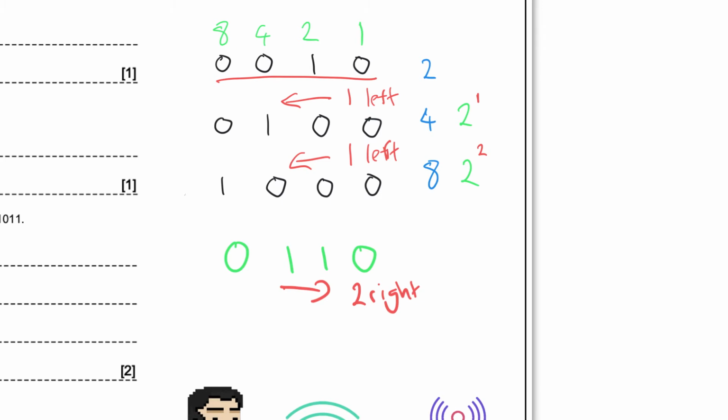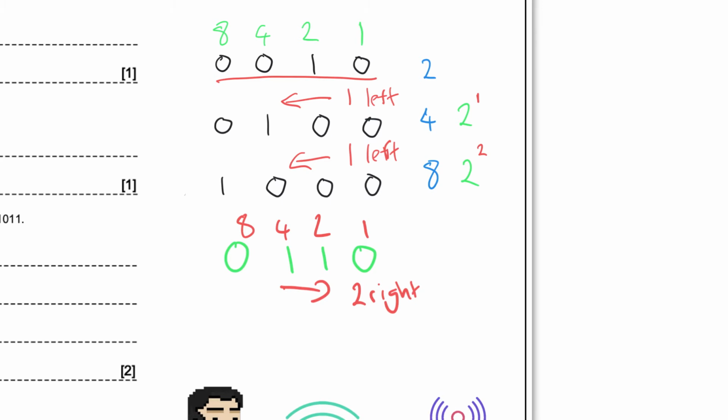So if you go once to the right, you divide it by 2, or halve it. If you go 2 to the right, you divide it by 4, or half of a half, or a quarter of it. So this value here is 2 plus 4, right? Because if we're doing units, it'll be 6. If we go 1 to the right, it becomes 3. If it becomes 2 to the right, it should become 1.5.